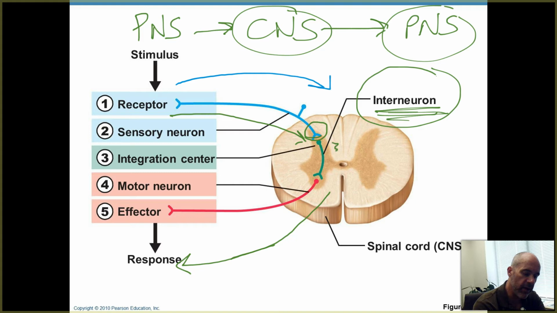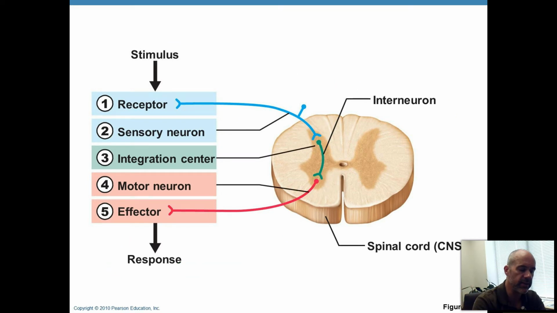That interneuron generates an action potential if it reaches threshold, secretes neurotransmitters, which then stimulate this motor neuron that generates an action potential that travels down to whatever that motor neuron is in control of. Could be a skeletal muscle fiber, or a gland, whatever that motor neuron is supposed to control. And that's going to lead to a response. So that's a very simplistic example of neuron networking.